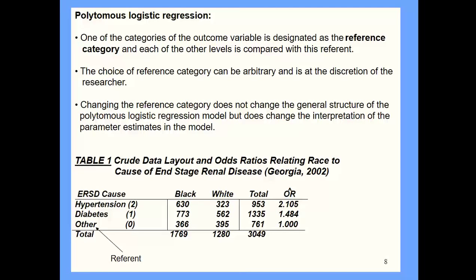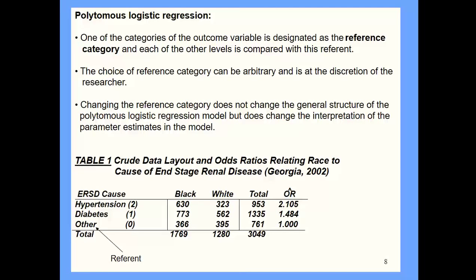If you're only dealing with the crude effect and you're not controlling for anything, and the exposure variable is race, black or white, then the simplest way to describe the analysis is in a 3x2 table. And what you're going to wind up doing is computing odds ratios related to the table. If there are three categories of the outcome, there'll be two odds ratios. If there's five categories of the outcome, there'll be four odds ratios, right? That's what we talked about.